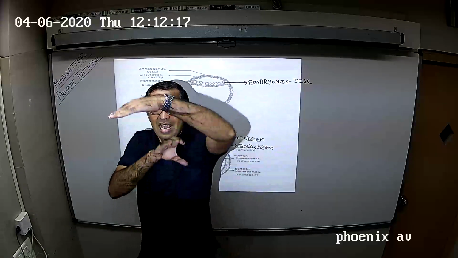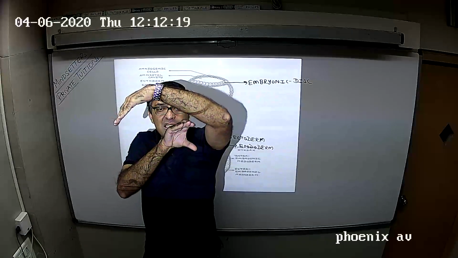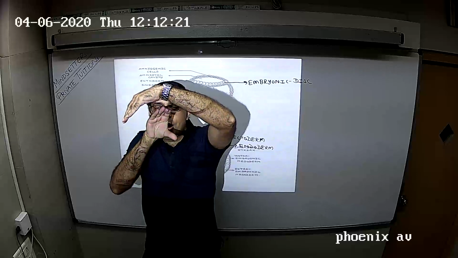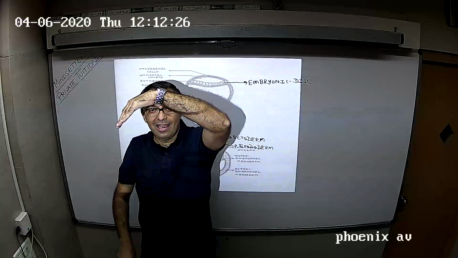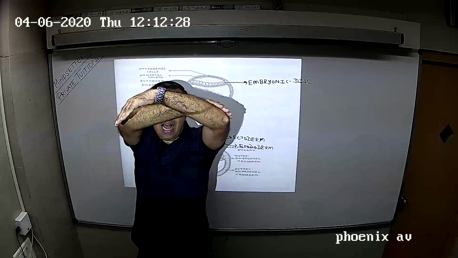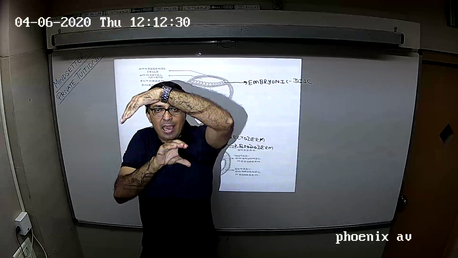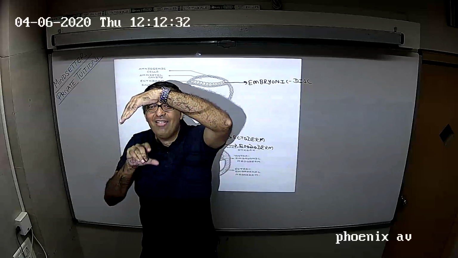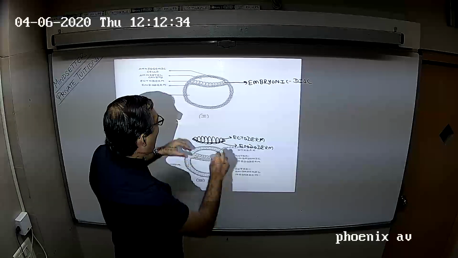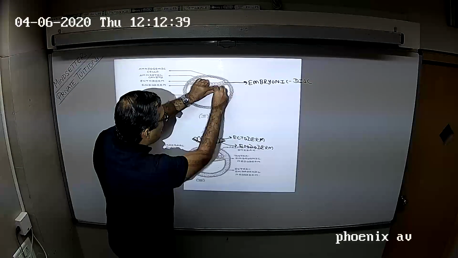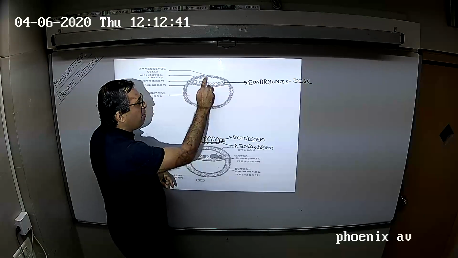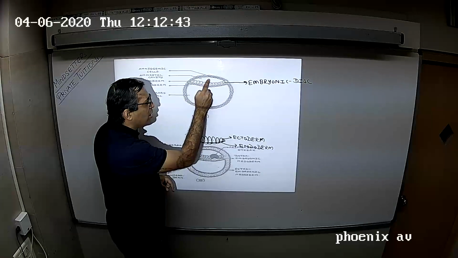Very importantly, as ectoderm cells start sinking, it will form a distinct cavity. So between trophoblast and ectoderm a cavity will appear, and as the ectoderm cells start sinking, it will form a distinct cavity between trophoblast and ectoderm.